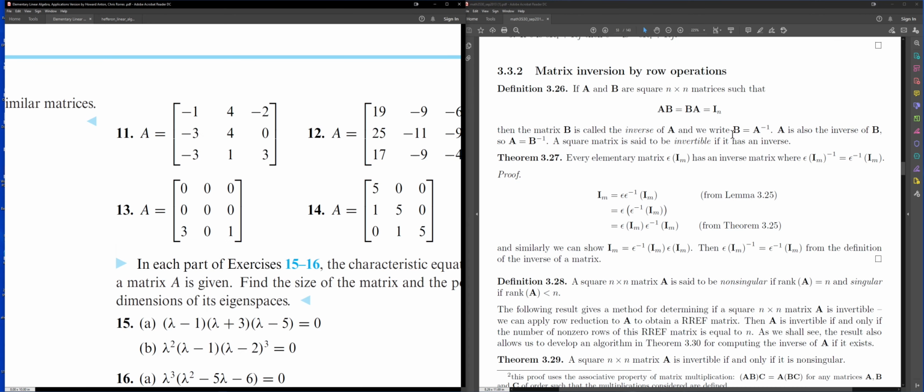Okay, so you want to recall that a square matrix A is invertible if I can find some matrix B such that A times B is equal to the identity.